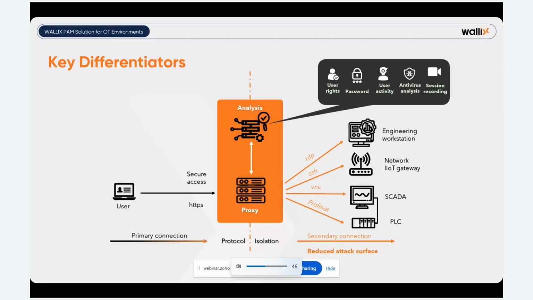So Bastion or WALLIX SRA solution comes in the form of hardware, which you can directly order, and you can place it in your substation or let's say distribution center, and you can ensure remote access of L4 users to the L3 or lower layers.